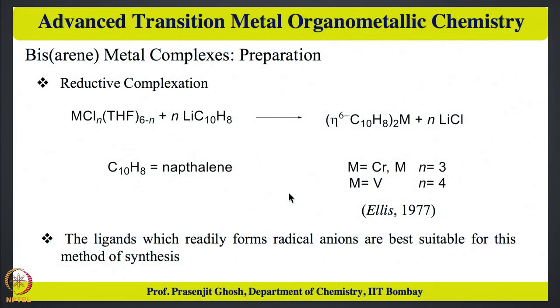The reductive complexation involves the reaction of metal halides with radical anions, and so this reaction is useful for ligands which can be easily led to the formation of radical anions.